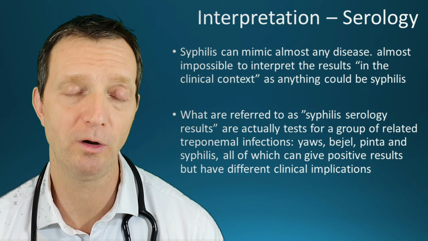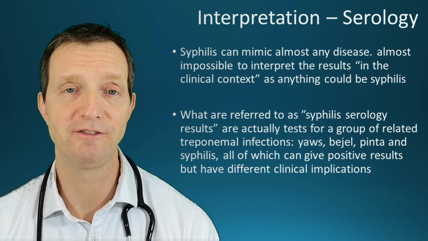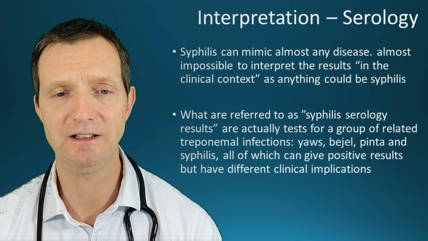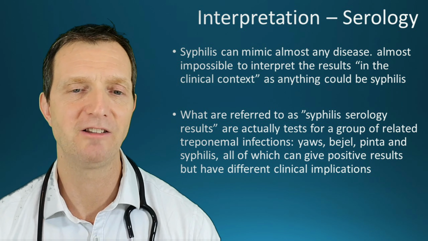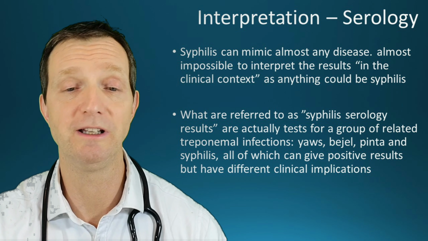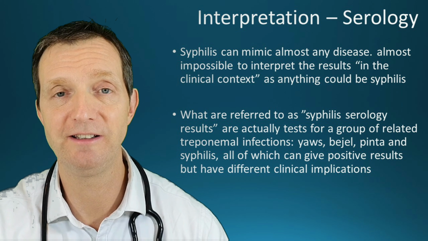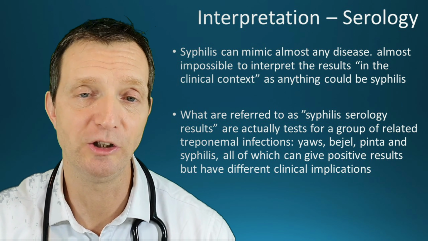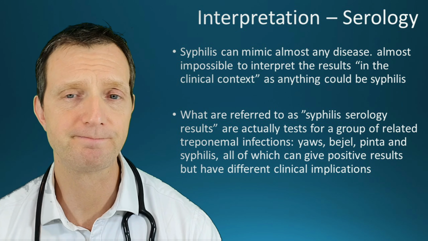In fact, if you look on the World Health Organization website on how to diagnose yaws, they advise you to do a TPPA test, which is exactly the same test you do for syphilis. And so all of the tests we do, which we'll explain later, can give positive results, but it all depends on the different clinical situation, as also the history the patient gives as well.